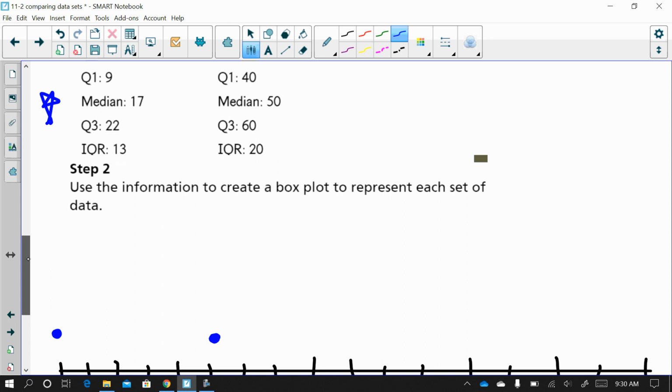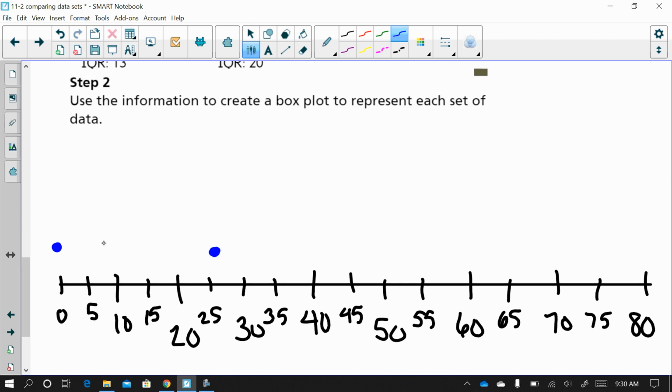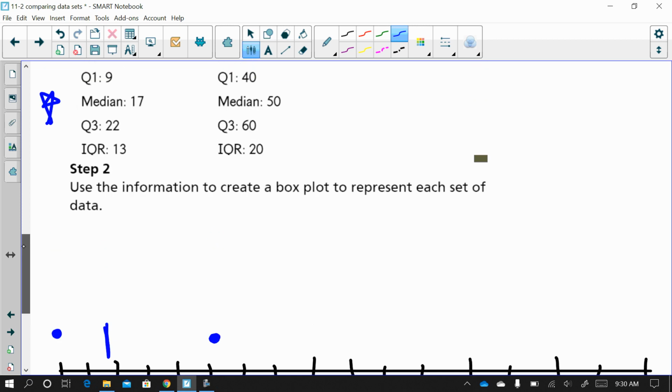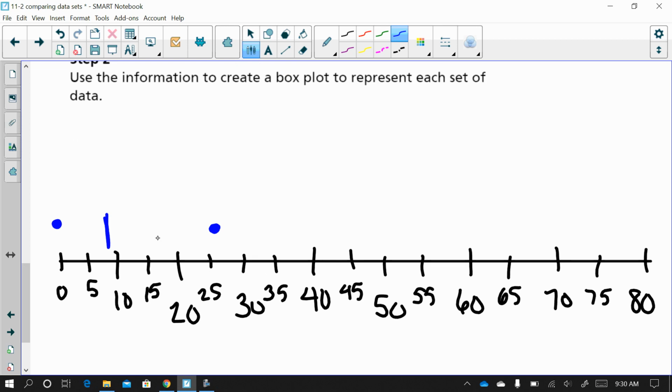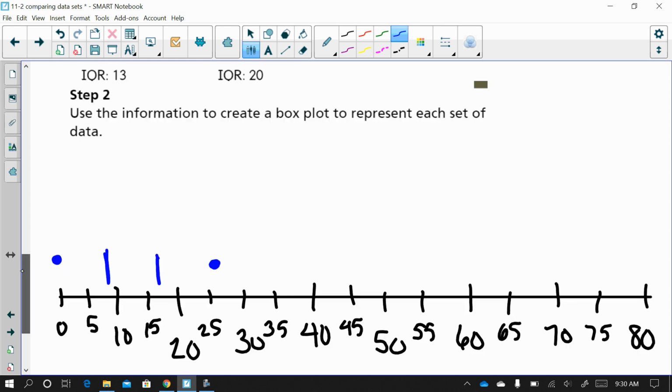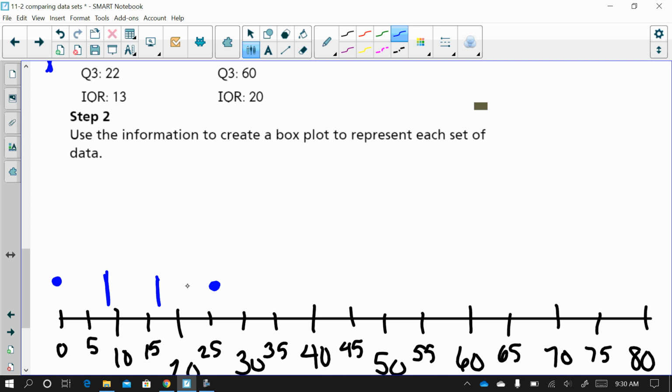And then I put my quartiles in. Q1 was 9, so we'll do a line. The median, or Q2, was 17, so another line. And Q3 was 22, so another line. Remember, connect the 3 lines. So there's your box, and then do your whiskers. So that was school day text.